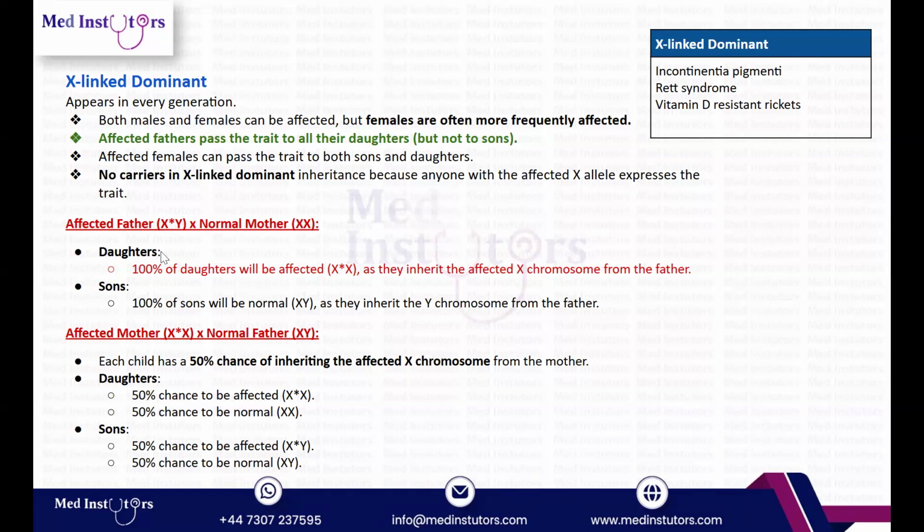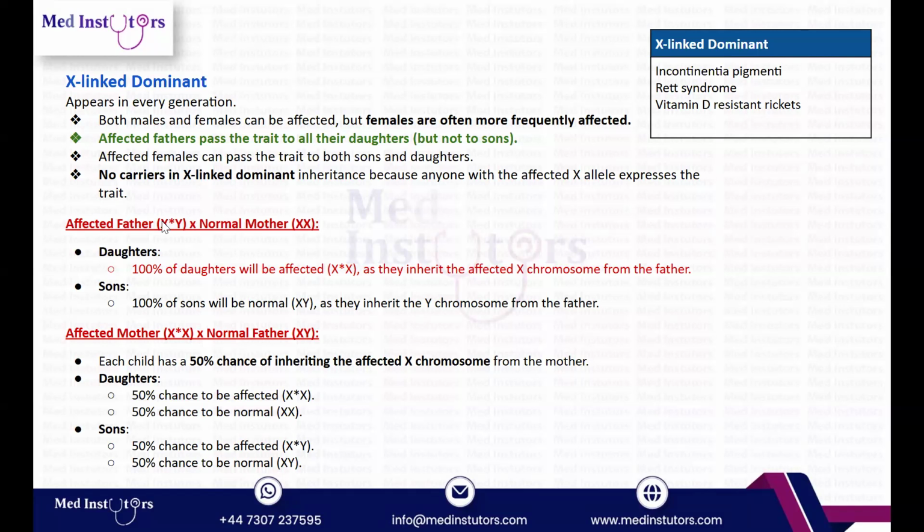So let's break down further. What if the father is affected or what if the mother is affected? Here is an example. If an affected father is married to a normal mother, what would be the pedigree analysis?